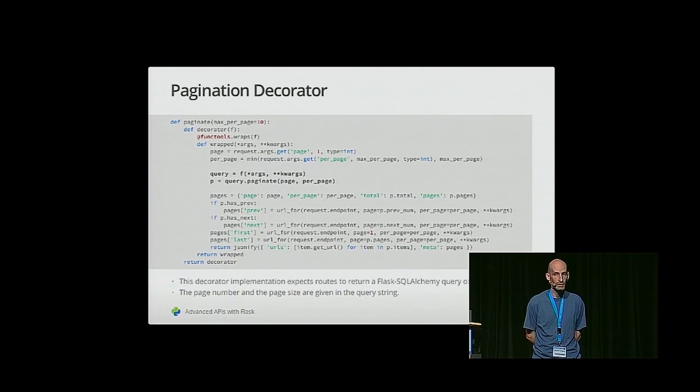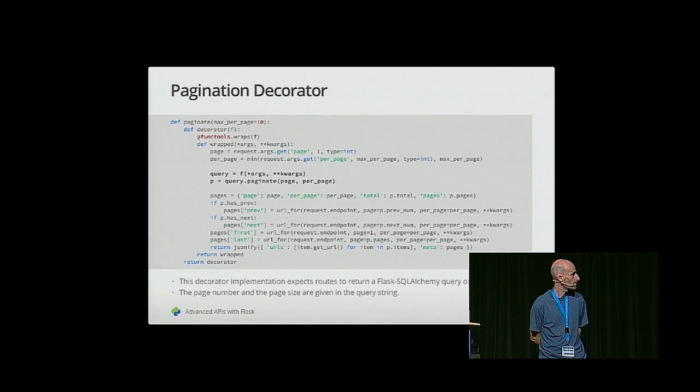And I have to make sure that I use defaults if those are not present, because the client doesn't know about these. So the first time it asks about this collection, it's not going to send any pagination links. It will just say, give me all, and I'm not going to give it all. I'm going to give it, in this case, the first 10.